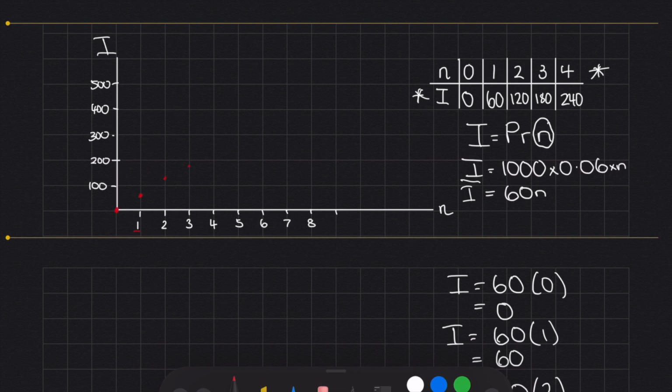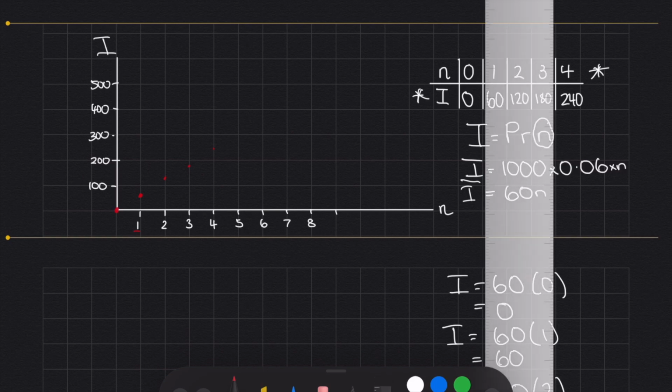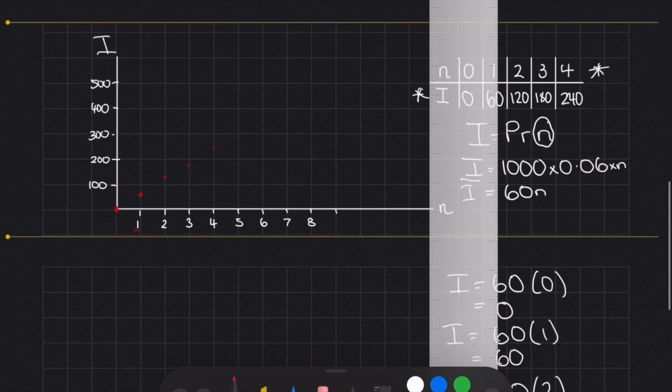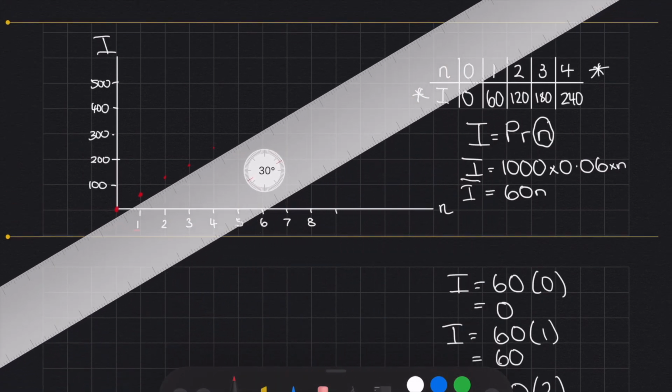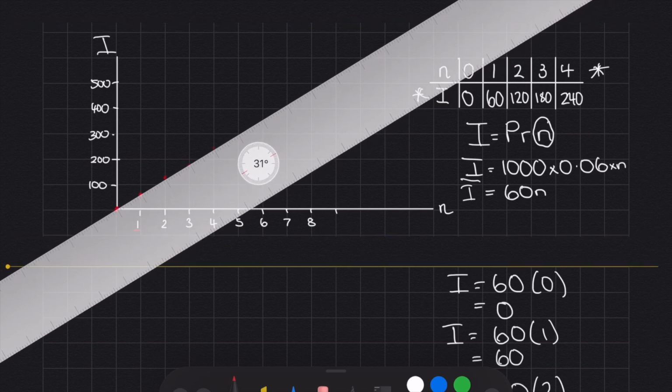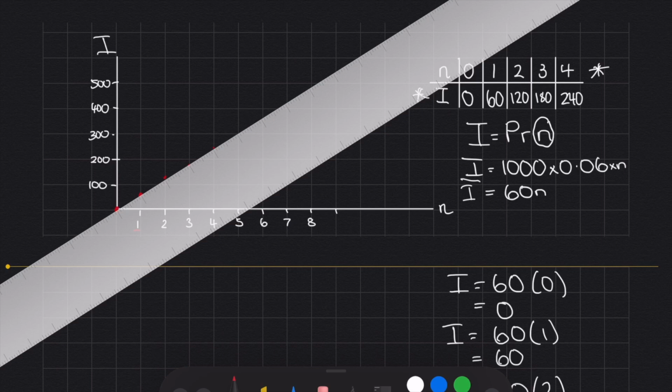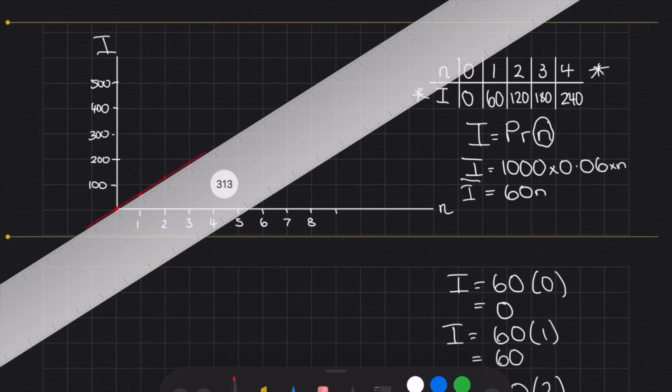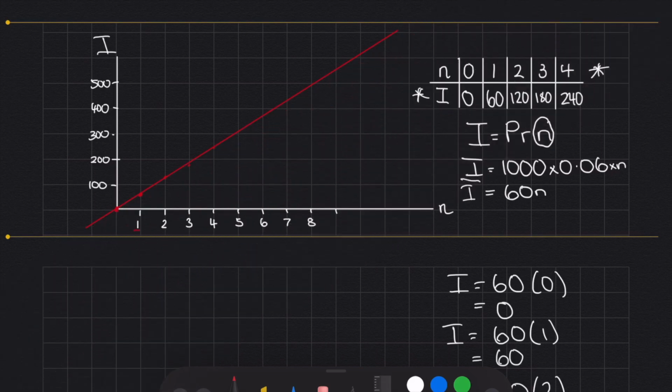That's just under halfway, which is about there. Then with our ruler, we join all those dots together. That's basically our straight line.